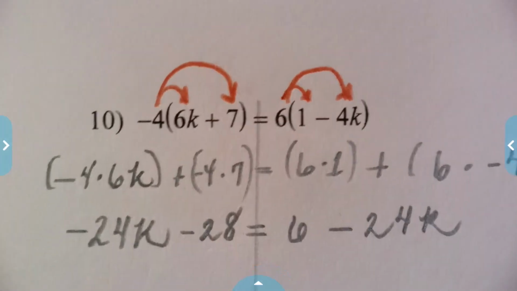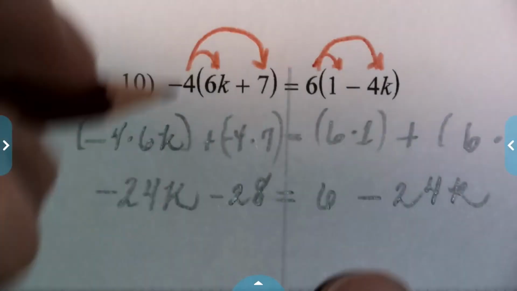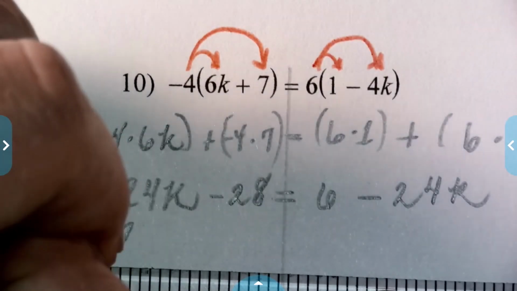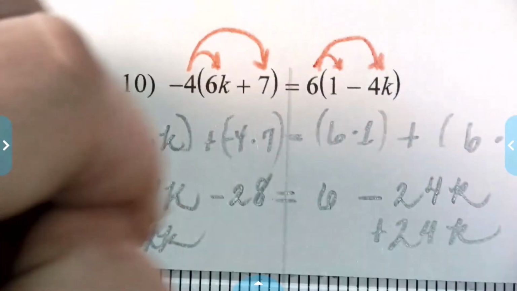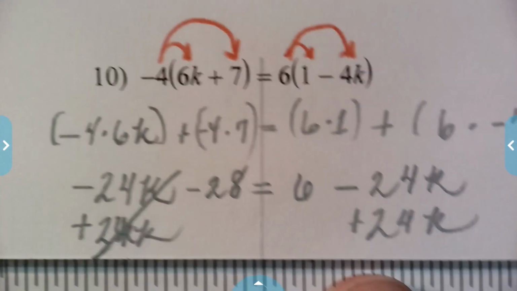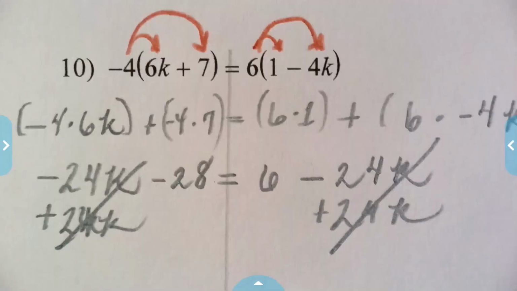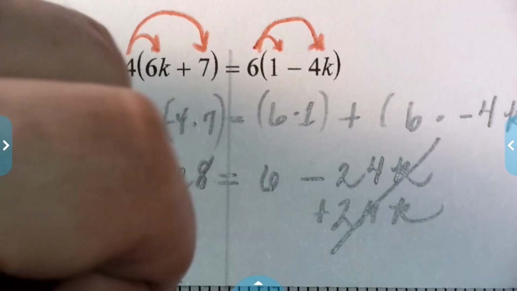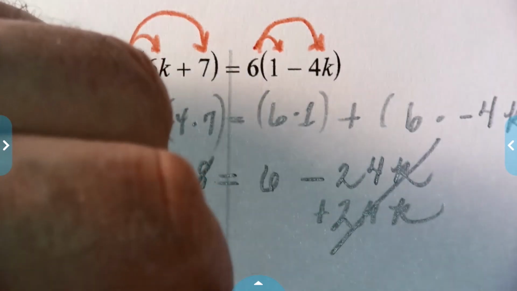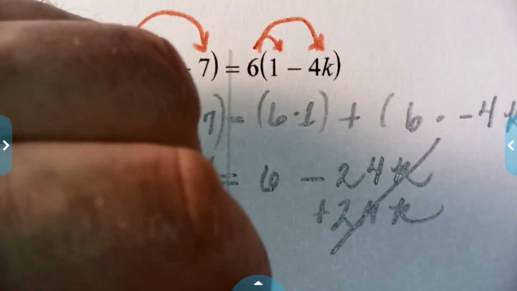Okay, it's the same situation I had in the last problem. If I add 24k, it doesn't matter what side, it's going to cancel out over here, and it's going to cancel out over here. And it's going to leave behind these two numbers, negative 28 equals 6.